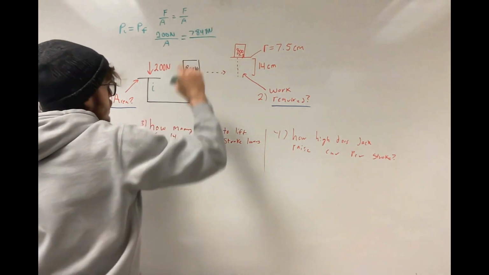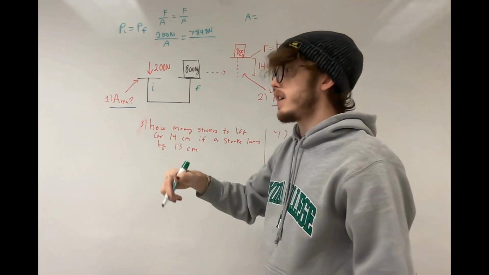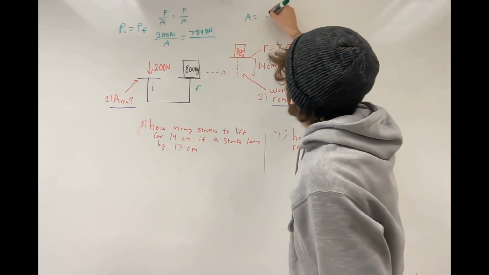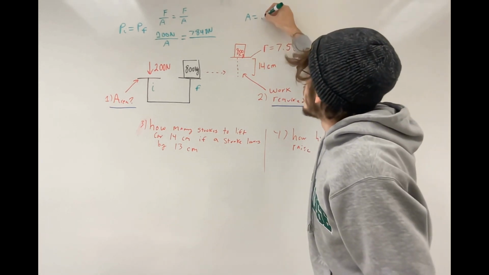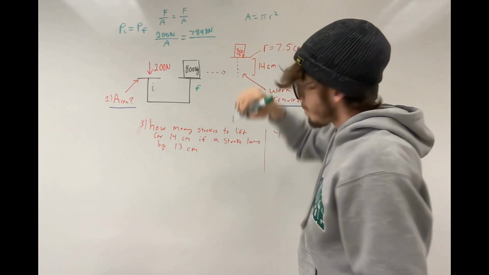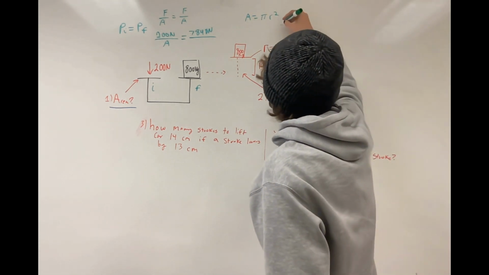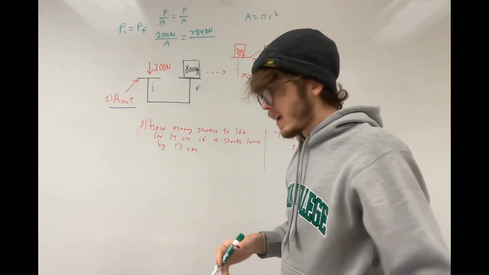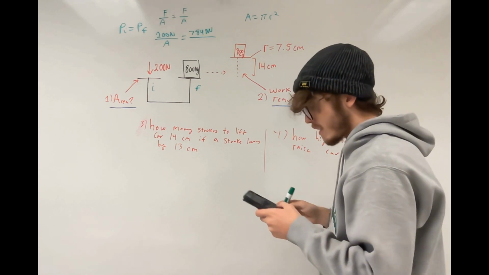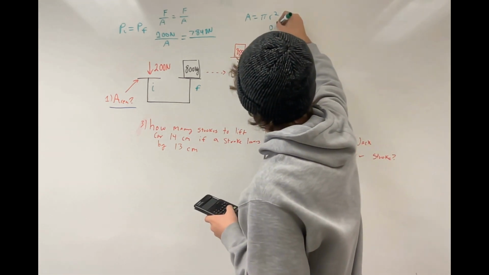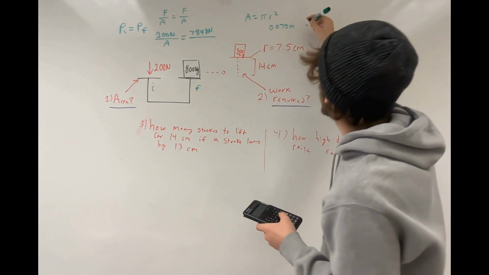Okay, and for the area, we have to solve this here. Assuming that this jack is a cylinder, the area of a cylinder, or in this case a circle, is going to be pi r squared. Given that, we can take the 7.5 and divide by 100. 7.5 divided by 100 is 0.075 meters, which is the radius of our piston.